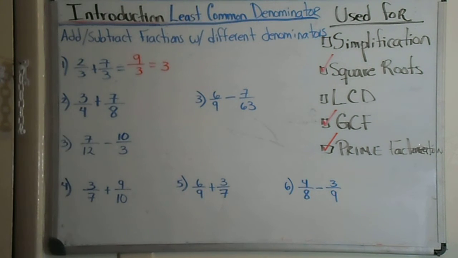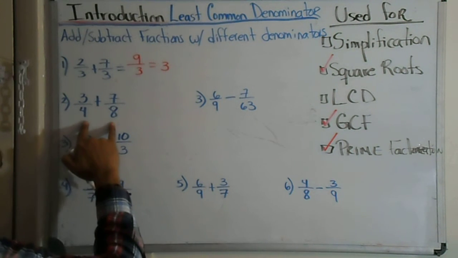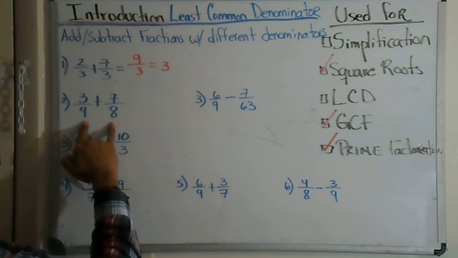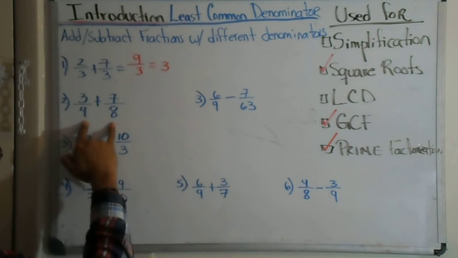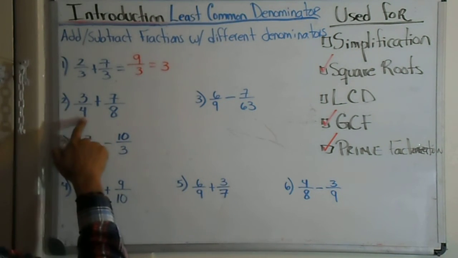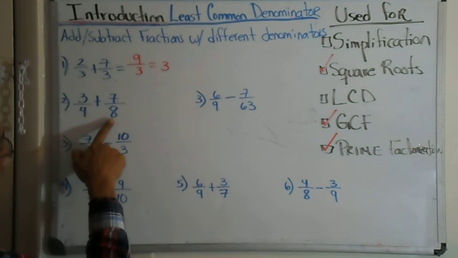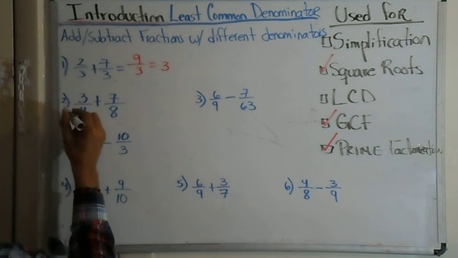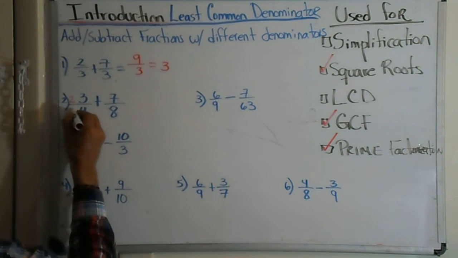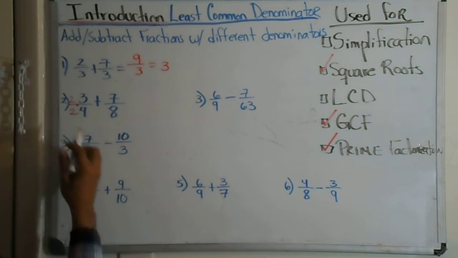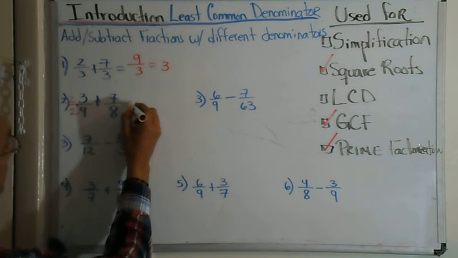If 4 and 8, well, the largest number is going to be 8. So what number times 4 will give you 8? It's going to be here 2 times 2, right? And this becomes 2 times 3 is 6.